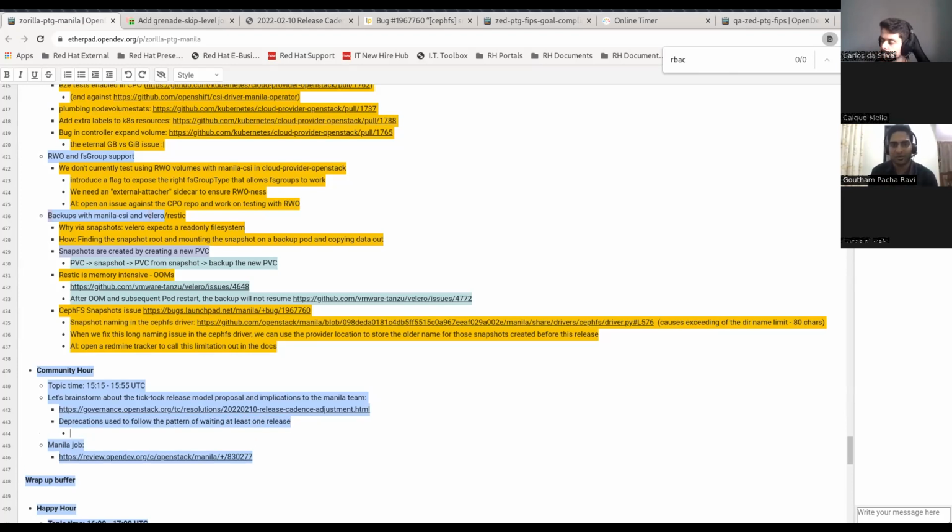We typically take a 2-cycle deprecation, but now you can think of it as if something is being deprecated in a tick release, it will not be removed until the tick release that follows. So the deprecation windows have actually doubled. That's a big impact of this tick-tock thing.